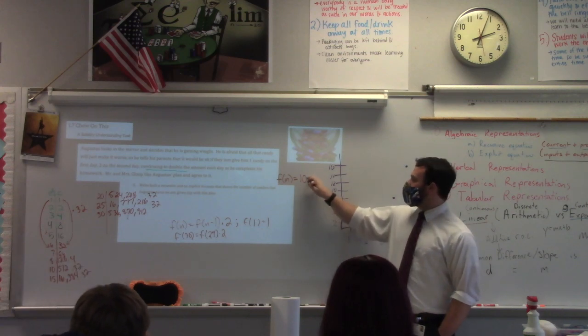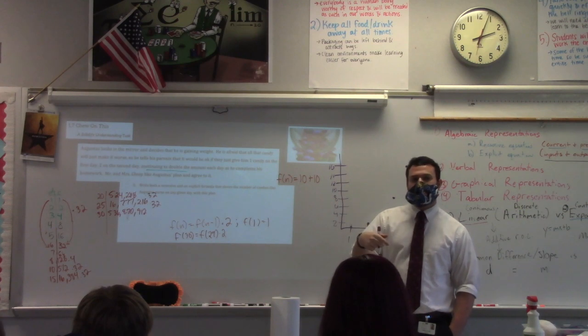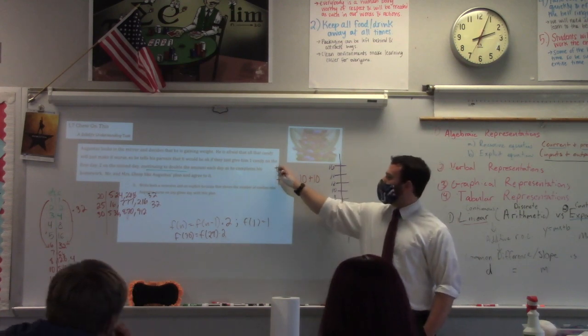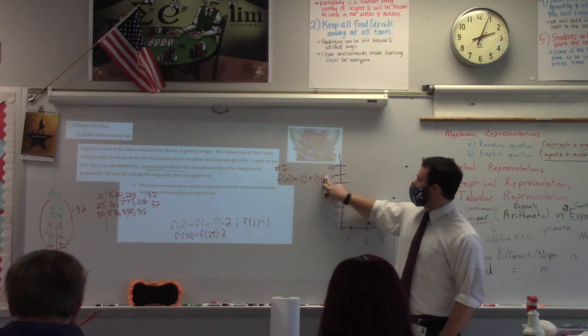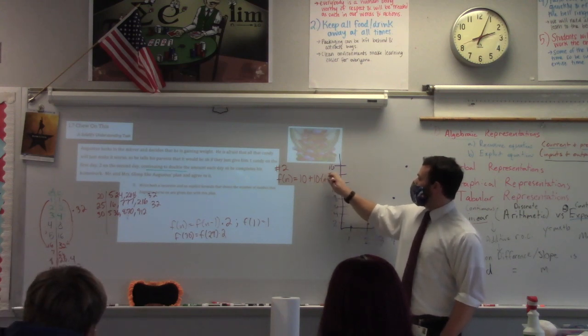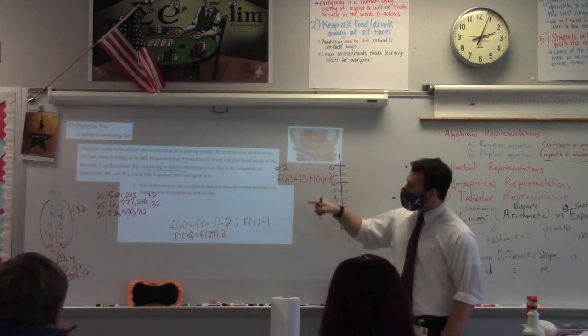And what's he repeatedly doing to it? Adding 10. How do we show repeated addition? By the way, don't forget, this is number 2. By multiplying, and we did n minus 1 because it started on day what? Day 1.